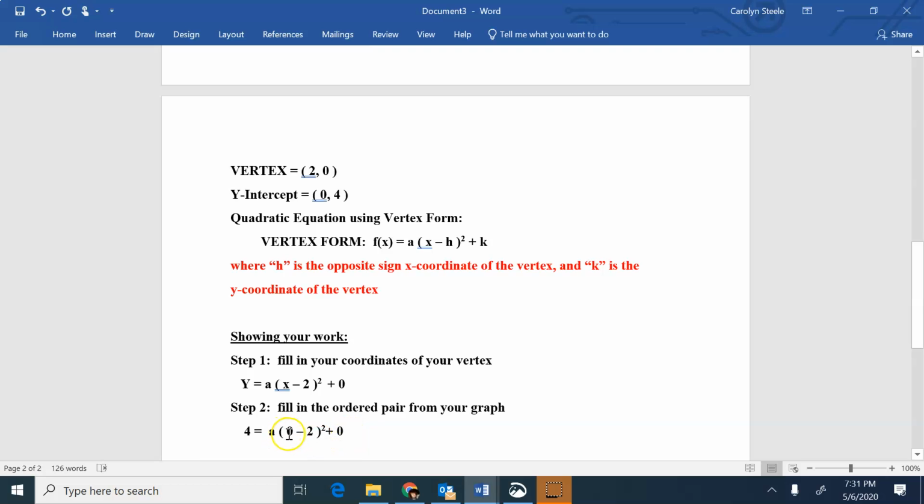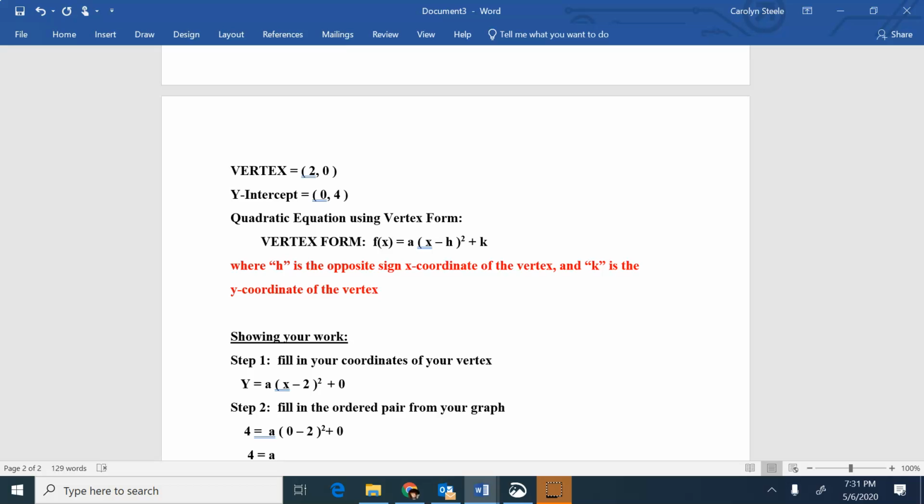So far we have negative 2 squared. We don't have to worry about the zeros because that's still going to be -2. So I'm going to work this, and I'm going to go to 4 is equal to a times 4.